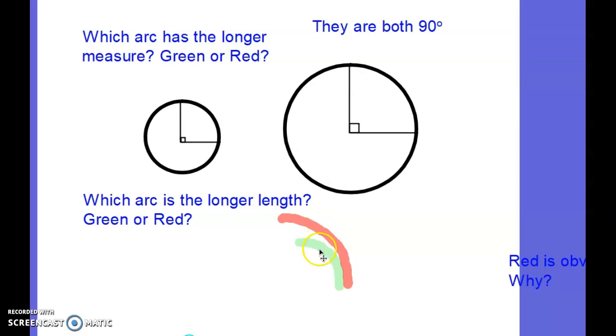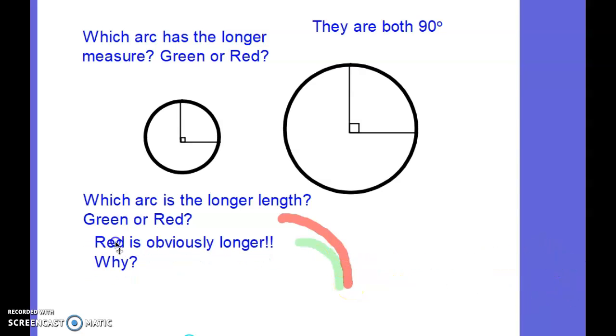Yes, they're both cutting off a 90-degree measure, but this arc is longer in length. Does anyone know why? Well, I hope you've said this circle is a lot bigger, so it has to travel longer as opposed to the green. Okay.